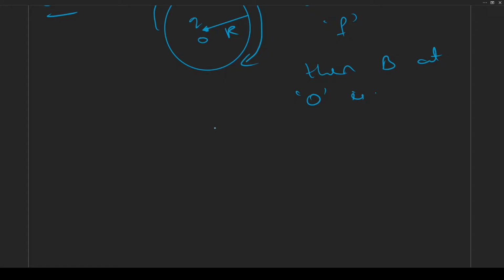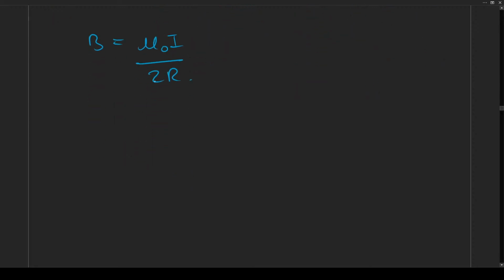Okay, the magnetic field at the center should be mu naught I by 2r, but let's take the magnetic field due to a single element, dB equals mu naught di by 2x, for a small segment.